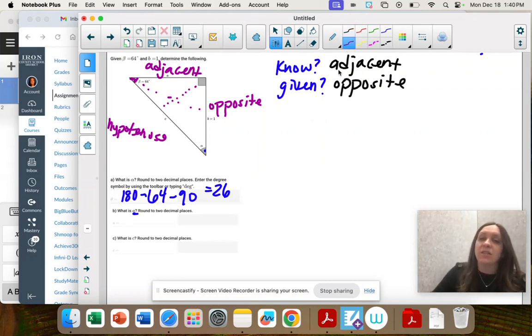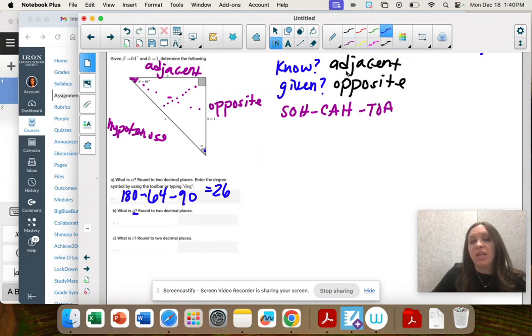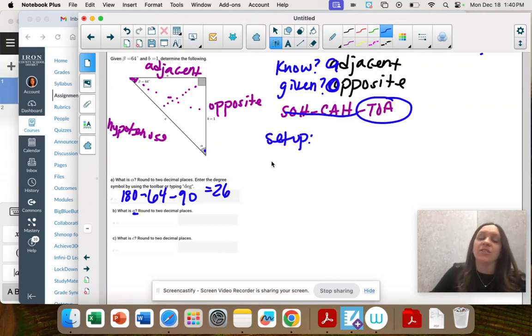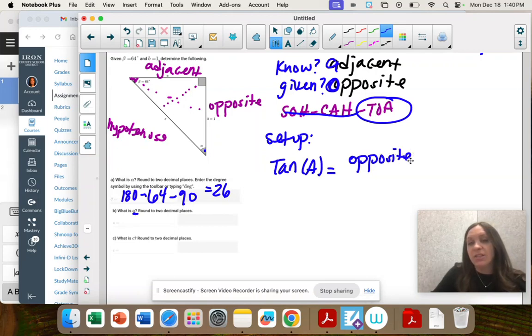So I need to look at this to determine, am I going to use sine, cosine, or tangent? So which one of these three has adjacent and opposite? A and O. Tangent.